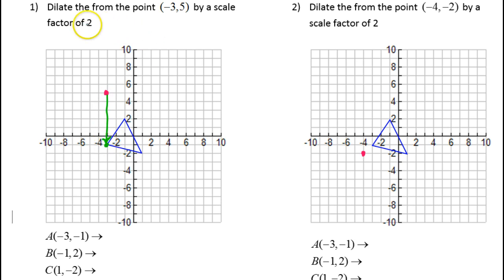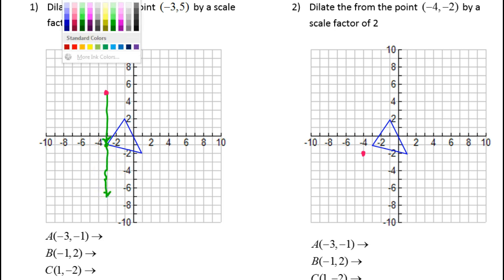Since we're doing a scale factor of 2, then the image should be 12 units down. I'm just going to double the motion that I did. So the original motion from the center to point A is 6. So the new distance from the center to the new point should be 12. So I've already got 6 right there, so I can just keep going another 6. 1, 2, 3, 4, 5, 6. Forgive me for my squiggly crooked line right there.